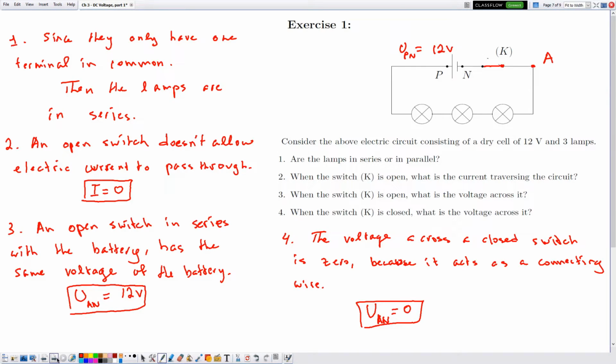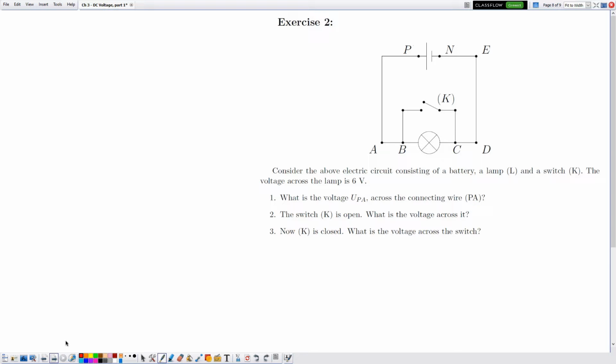Let's move to the second exercise, which is exercise number 2. Consider the above electric circuit consisting of a battery, a lamp, and a switch key. The voltage across the lamp is 6 volts. Then here the voltage UBC across the lamp is given by 6 volts.